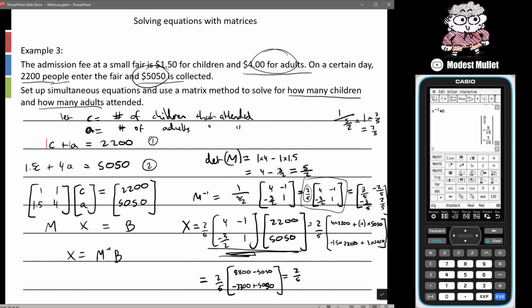That's going to give me 2/5 of 8,800 take away 5,050 is going to be 3,750, and 5,500 take away 3,300. Oh, I'm just going to do as like a year 7 maths takeaway.